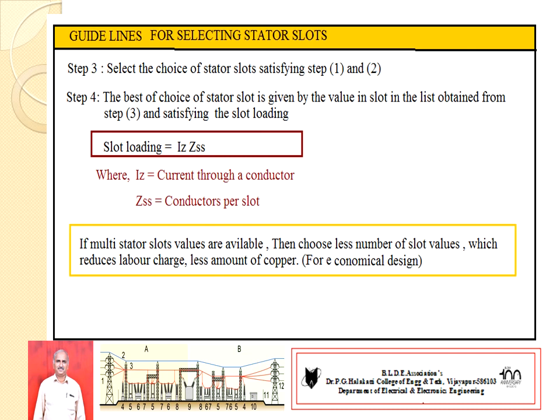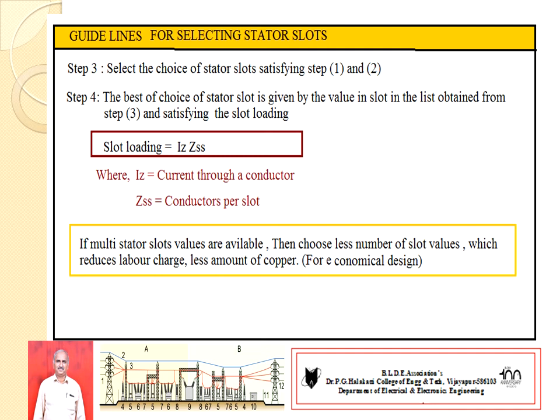What are the number of conductors in one slot? What is the amount of current flowing? This gives slot loading. The last step is also very important. If one value is available satisfying step number 1, 2, 3 and 4, that is the final value of stator slots.